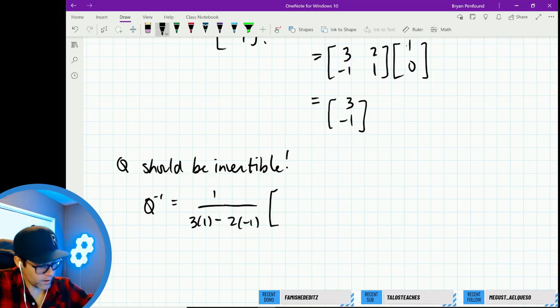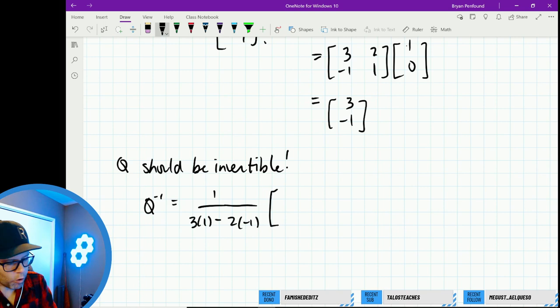But if you've taken a linear algebra class, you should know that quick formula, or you can search it up online. I just want to see what this inverse looks like. I need to switch the 1 and the 3, and then negate the 2 and negate the negative 1.